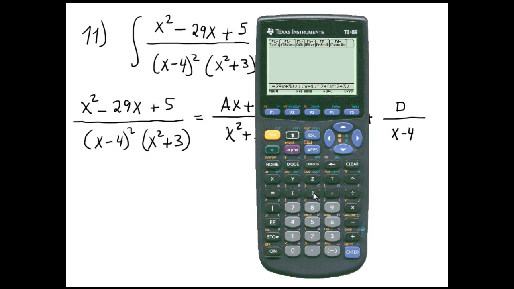Close the parenthesis and close another parenthesis that encloses everything in the bottom. Let me see if it's good or not. Okay, we compare this and this.